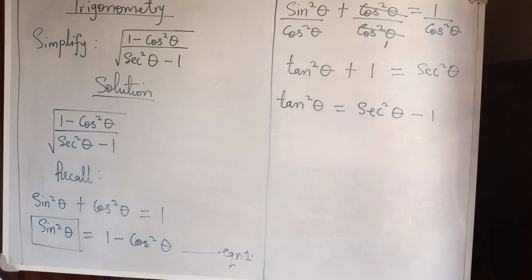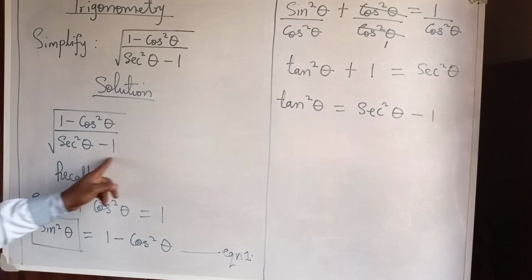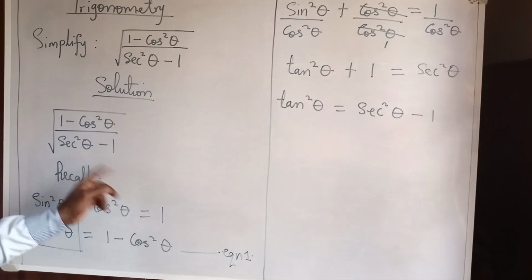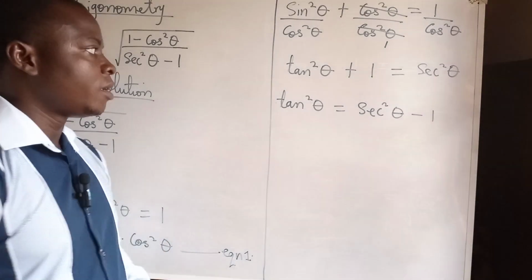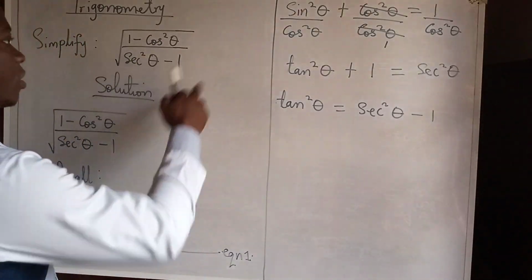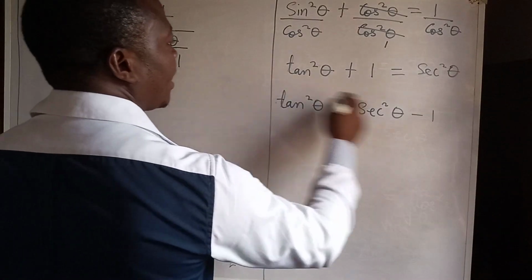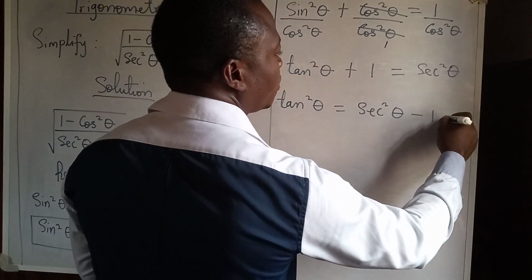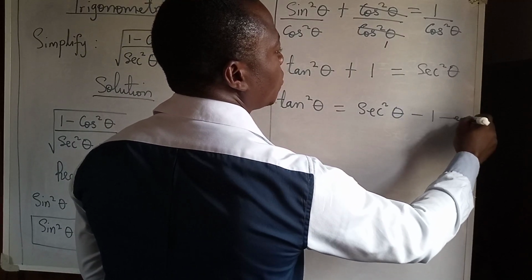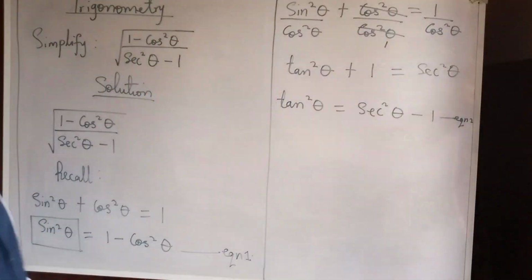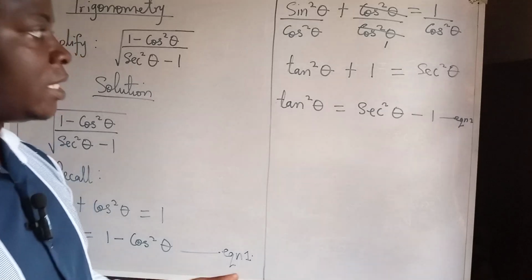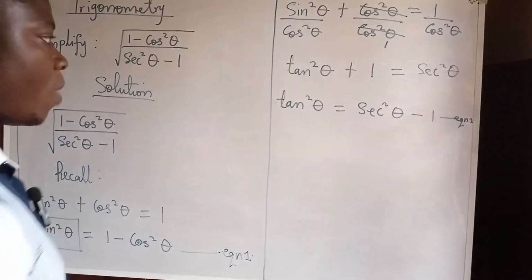So you see that sec squared theta minus 1 can be replaced with tan squared theta. I can call this equation 2. So tan squared theta equals sec squared theta minus 1.